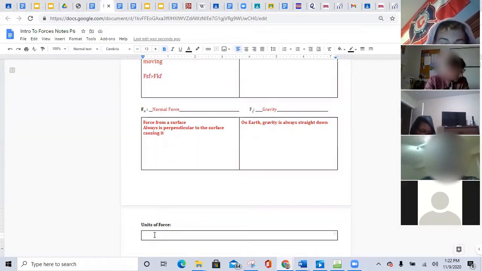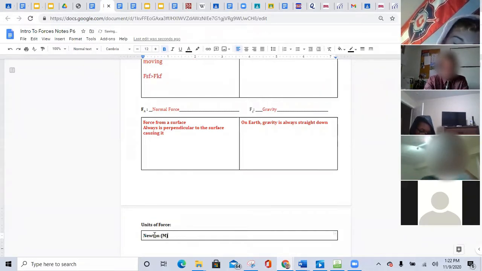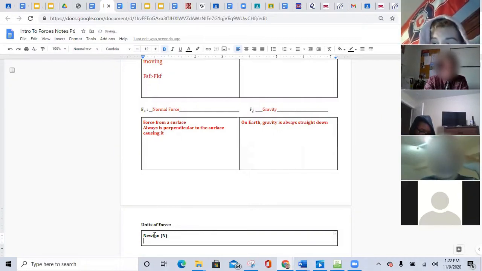So units of force. The SI unit is newtons, with an abbreviation of N. Pounds is also a unit.